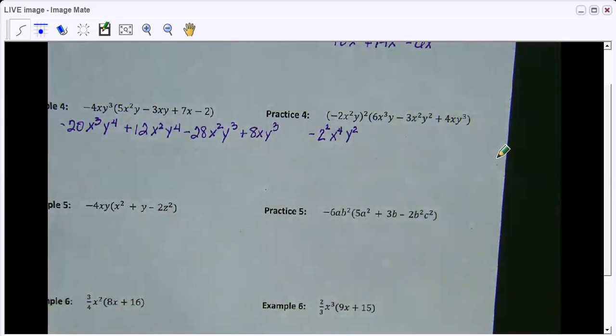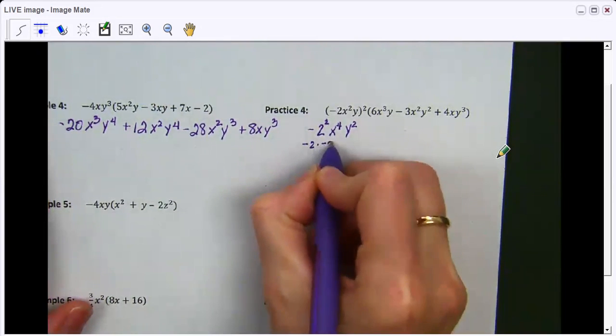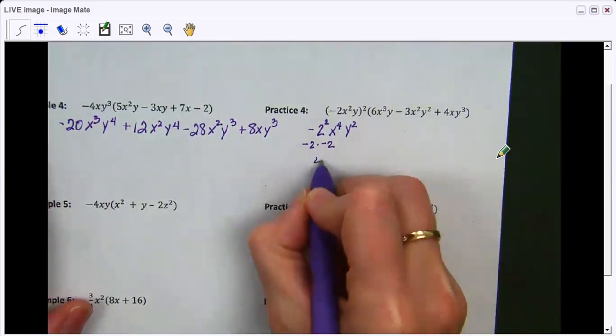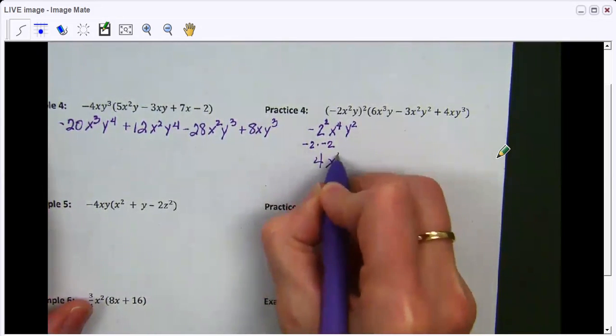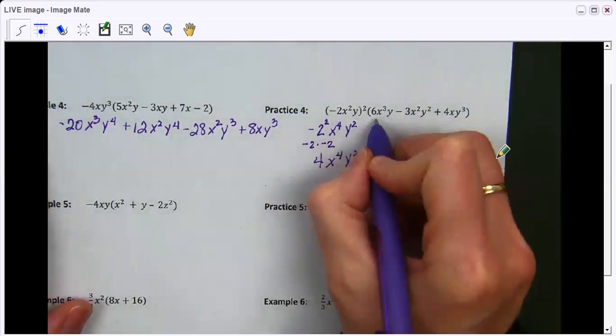Now, I'm not done with this because my -2 squared is -2 times -2, which gives me a +4. So I have 4 x to the 4th y squared, and I'm going to multiply that by all of this.